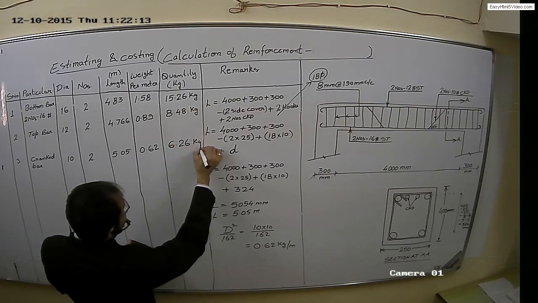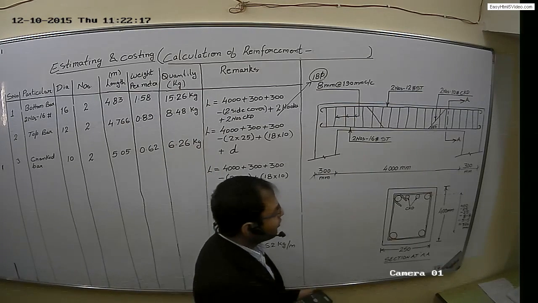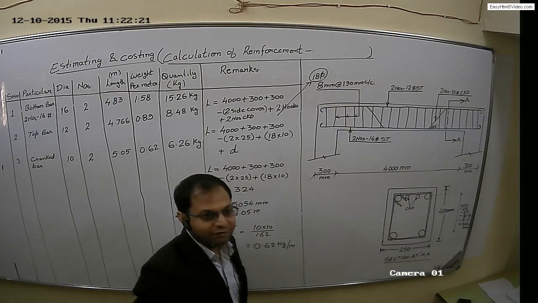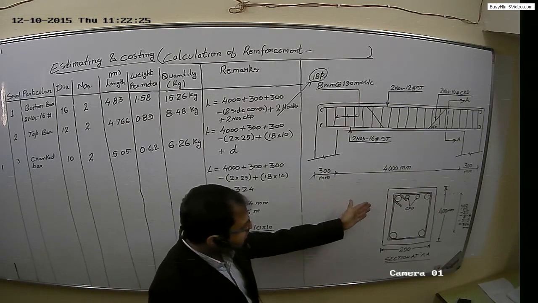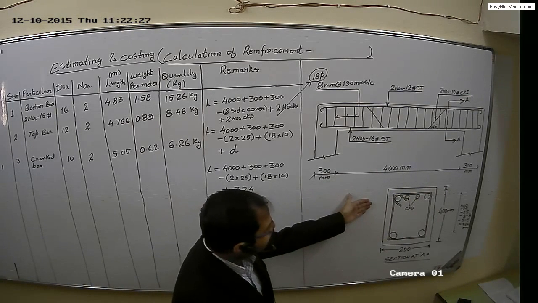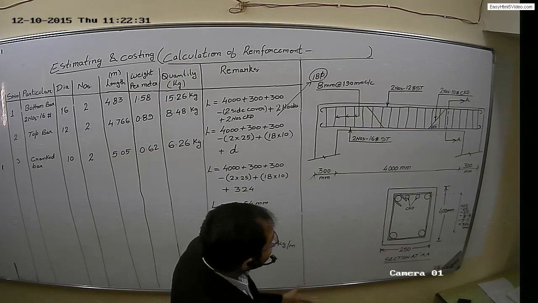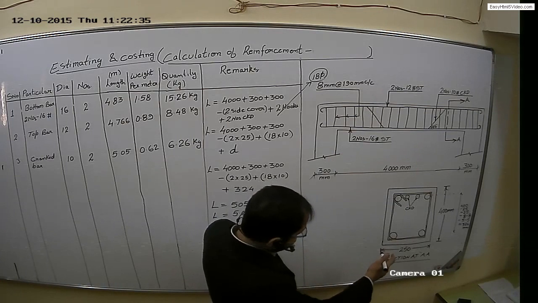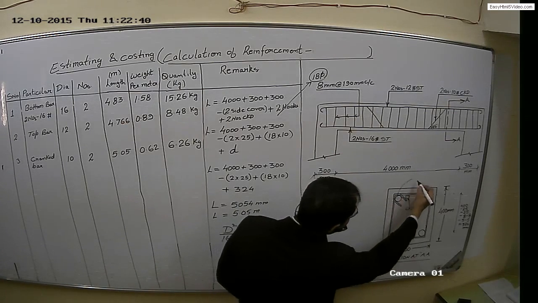6.26 kg. Fine. Now we have to calculate the quantity of stirrups, right? I have drawn a simple cross section of this particular beam, in which I have enlarged the view. If you see the section, these are the two bars.